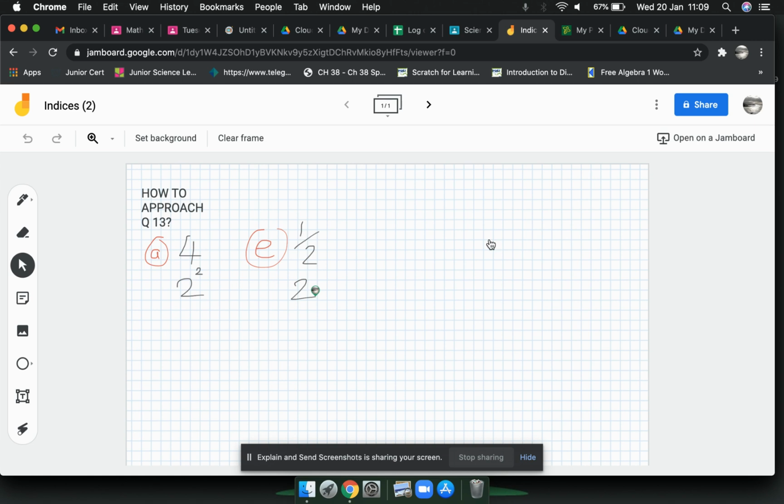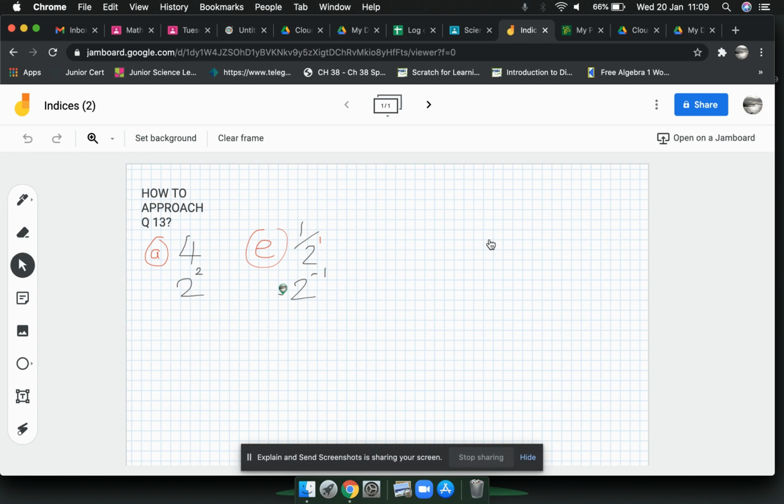You have to recognize one of the rules that you've encountered so far. I know that anything to the power of a minus sign can be changed into a fraction. So if I recognize here that 2 could also be written as 2 to the power of 1, then if I want to write this in the form 2 to the power of anything, the value here would be 2 to the power of minus 1.